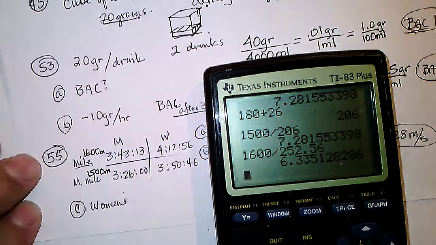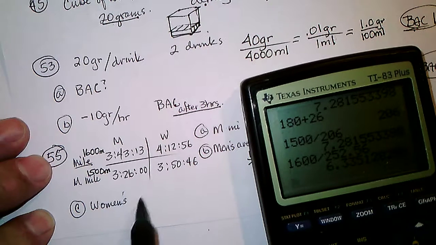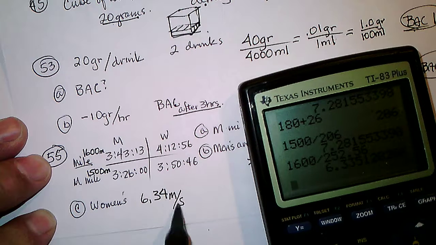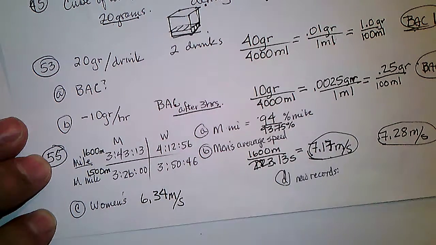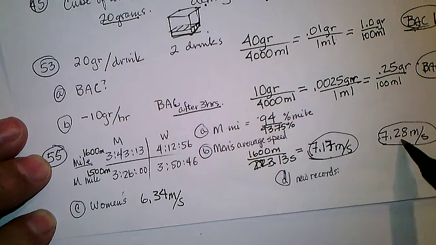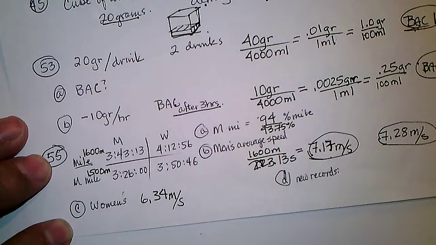So their pace is 6.34 meters per second on the regular mile. Slower than the men's regular mile and slower than men's metric mile.